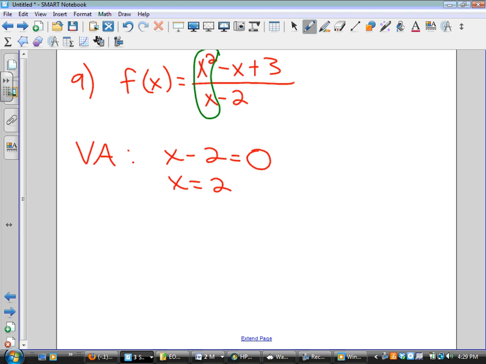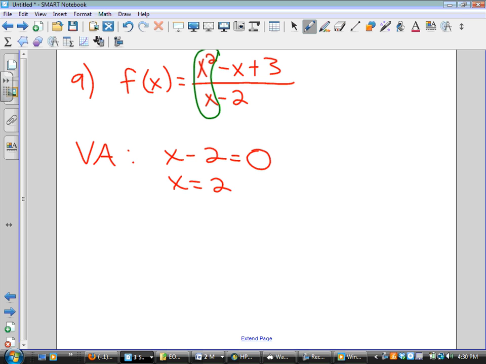So that means that the numerator is larger. Because the numerator is larger by exactly 1, that means that we have an oblique asymptote. To find the oblique asymptote, we need to just divide exactly like it looks. So we need to divide x minus 2 into the numerator, x squared minus x plus 3.